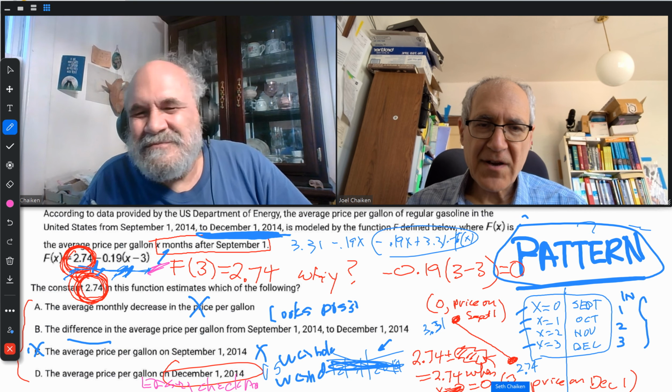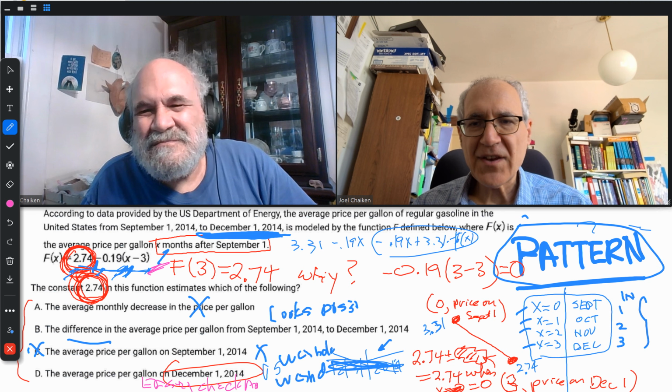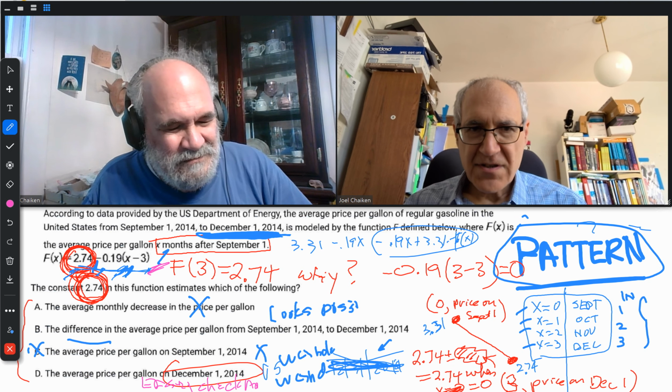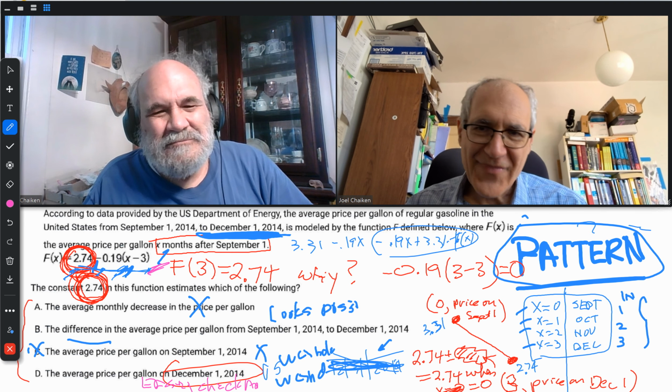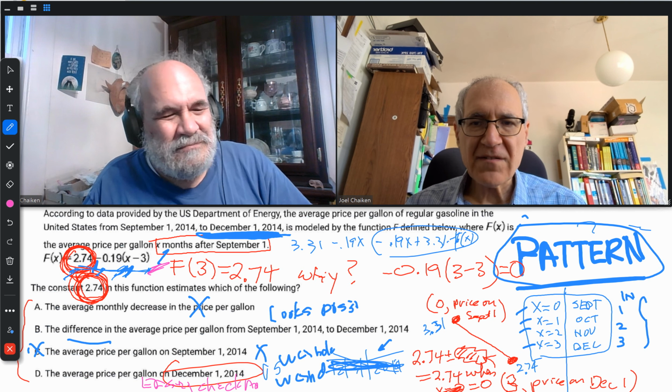Right. Yeah. So really, it's recognizing patterns in linear functions. Yeah, recognizing patterns in linear functions, analyzing the different relationships that are in a linear function is really what this thing comes down to.